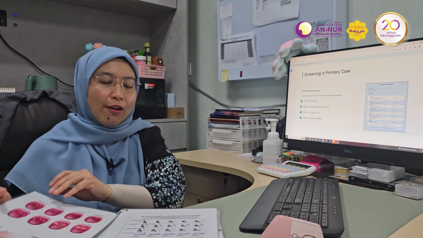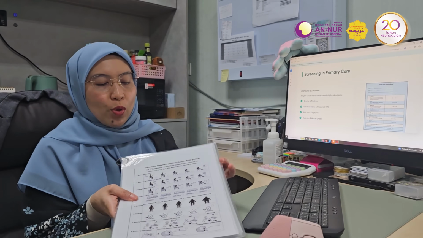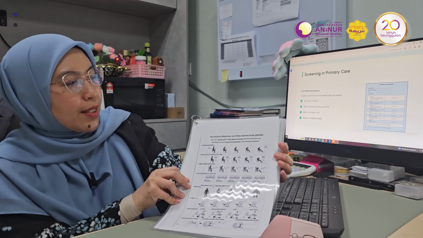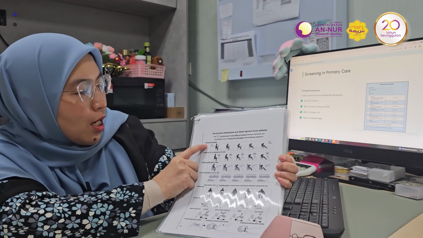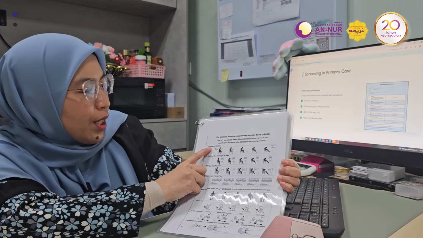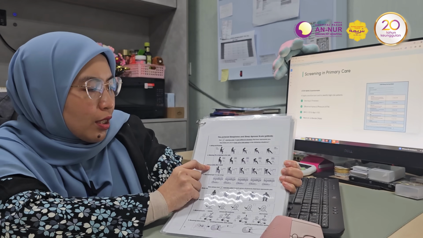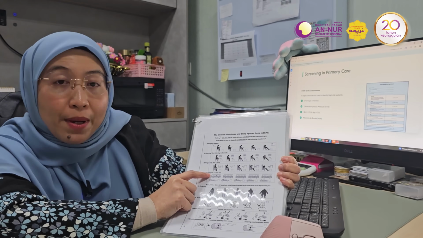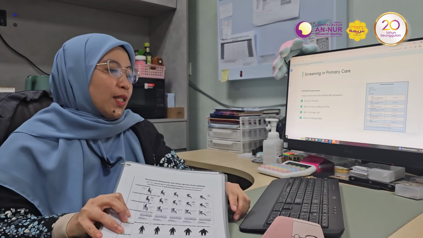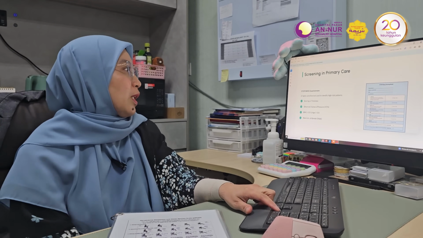Next, we also have the pictorial sleepiness scale, in which we ask the patient whether they feel very sleepy when sitting and reading, watching television, sitting quietly after a meal, and as a passenger in a car, because this will determine whether the sleepiness is very high or low.